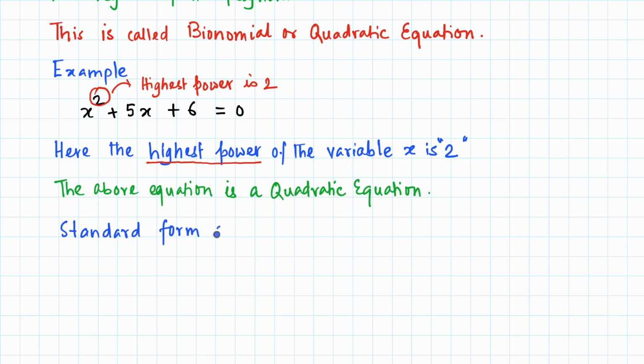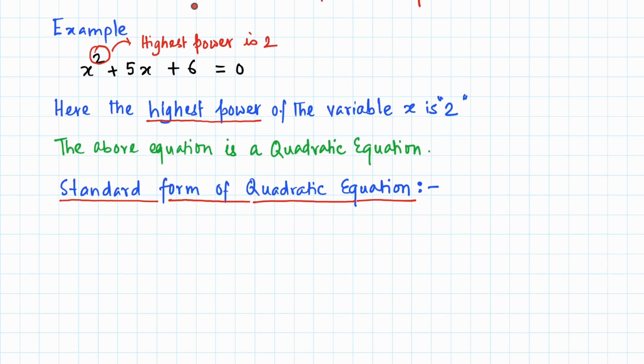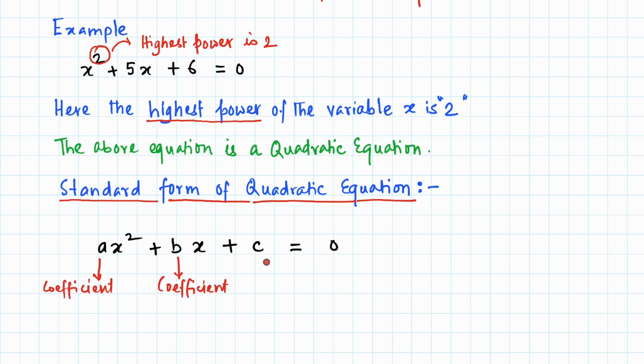Now, the standard form of quadratic equation. Now we learn how we can write any quadratic equation into its standard form. The standard form of the quadratic equation is expressed as ax square plus bx plus c, where a and b are coefficients of the variable x and c is a constant.